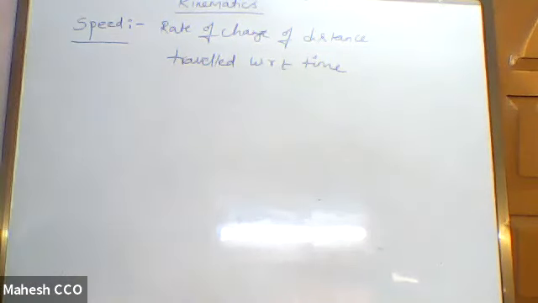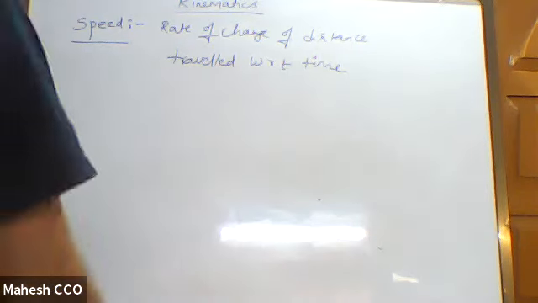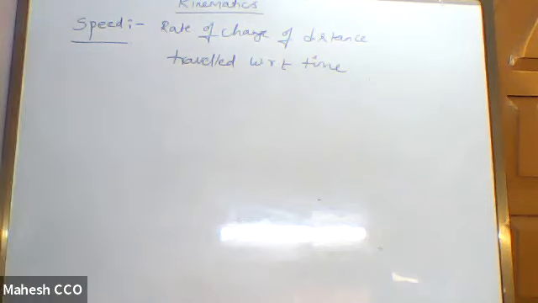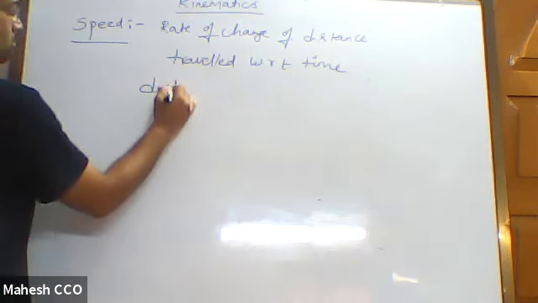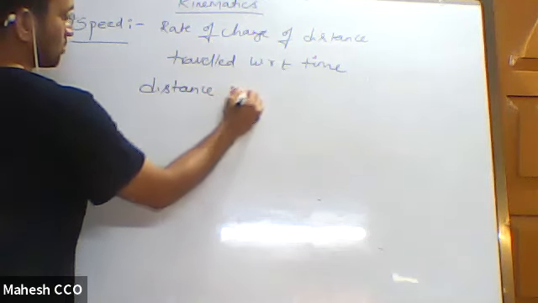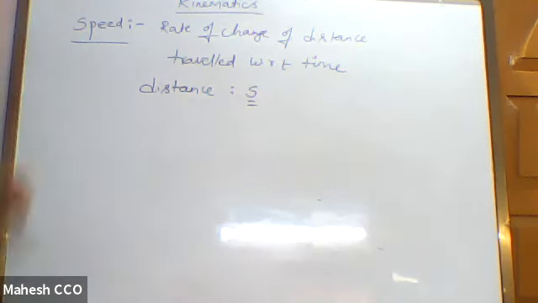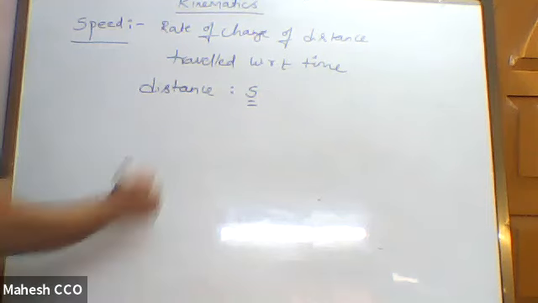Rate of change of distance traveled with respect to time is called speed. For example, if the distance covered is given as a function of time, let us denote the distance covered by s. Then what is speed?